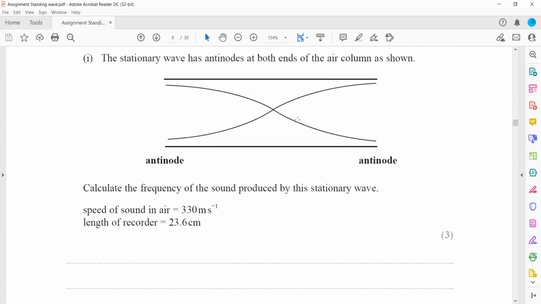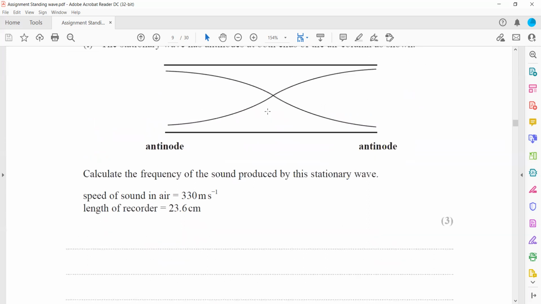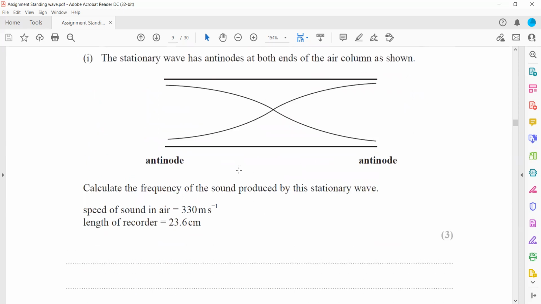Calculate the frequency of the sound produced by this standing wave. The speed of sound is given, and the length of the recorder. Using the length, first we have to determine the wavelength. The total length L is 23.6 centimeter. This is antinode, node, and antinode.